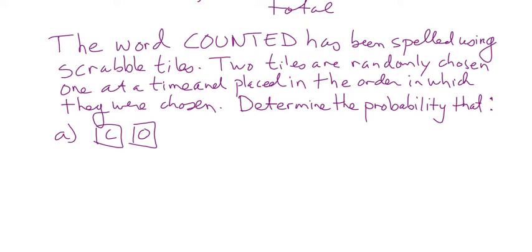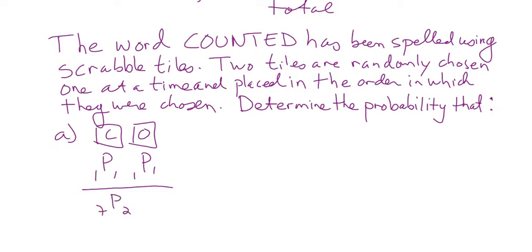So how many C's are there, and how many of them do we need? So we're going to go 1P1. We'll use P because order matters, although 1C1 wouldn't matter in this case. How many O's are there, and how many do we need? Another 1P1. How many letters are there, and how many are we arranging? 7 and 2. So the favorable is 1P1 and 1P1, which is just 1.